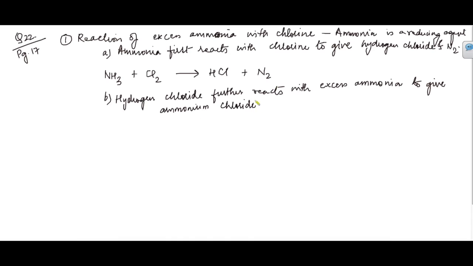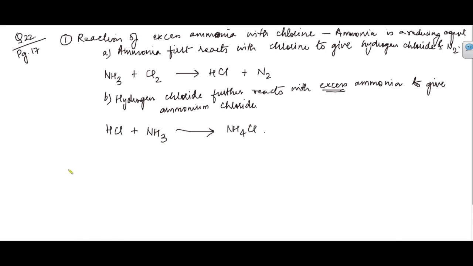So let's write down the equation. Hydrogen chloride reacts with excess ammonia. There is extra ammonia present in the reaction, and it reacts with hydrogen chloride to give ammonium chloride. So these are the two reactions that you have to keep in your mind.